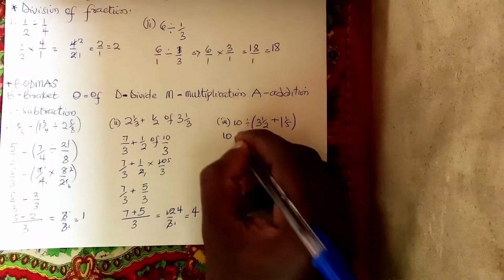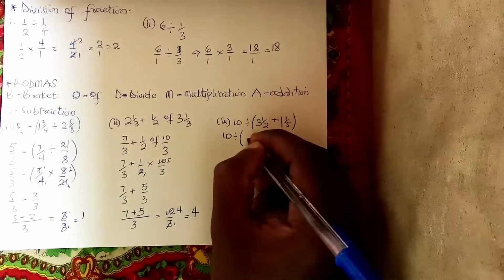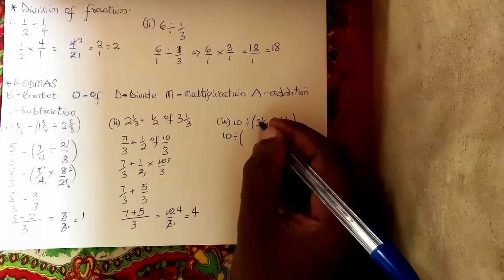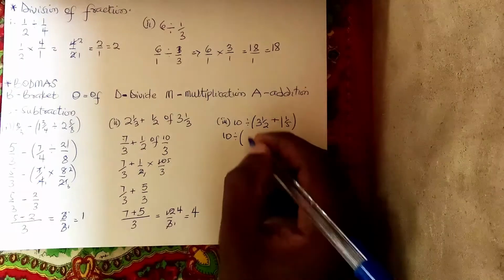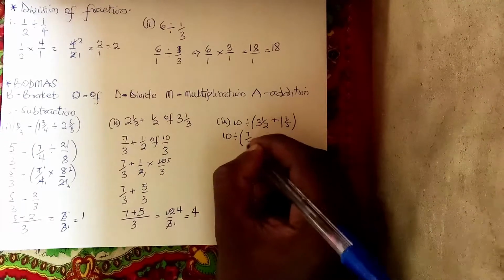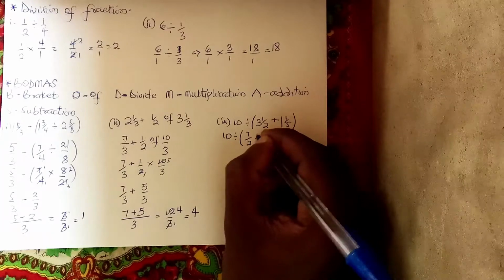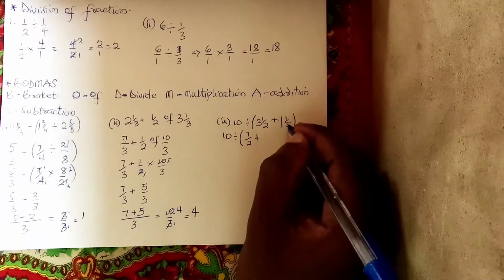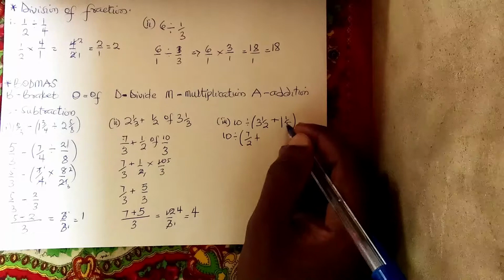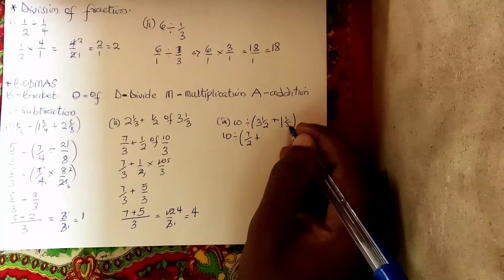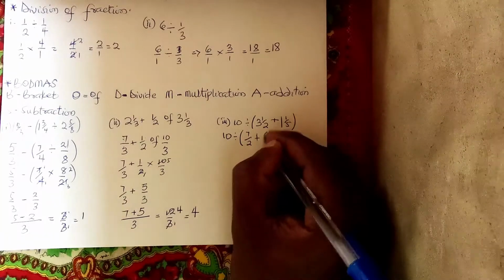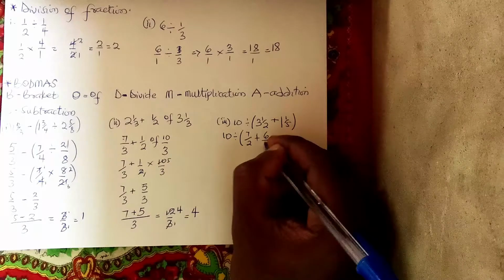You have 10 divided by bracket open 2 times 3 gives us 6 plus 1 is 7. 7 on 2 plus 5 times 1 is 5 plus 1 is 6, so 6 on 5.